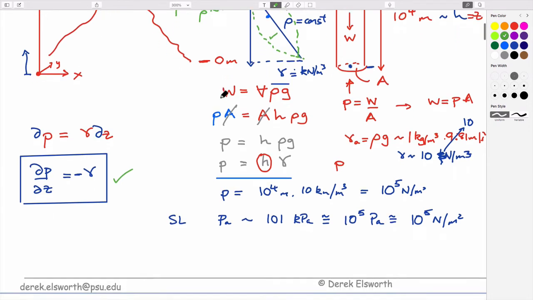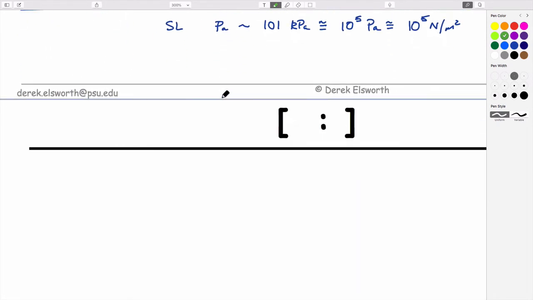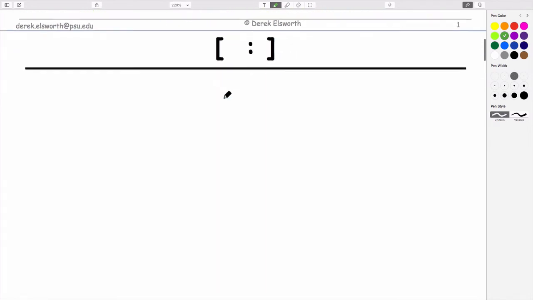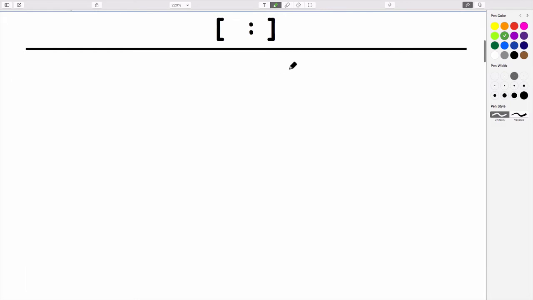Okay? So coming back to the idea that we had before, that we could look at fluids which might be accelerating, let's try and generalize that.